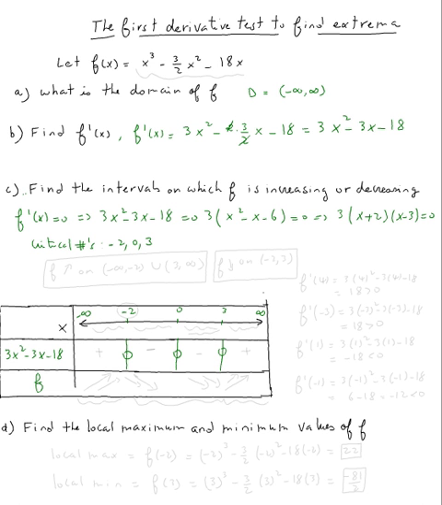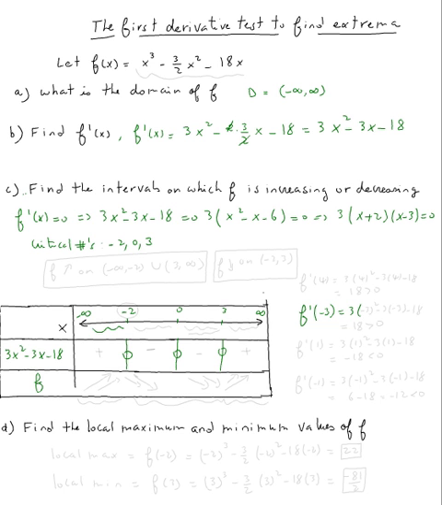So now I want to know where the derivative is positive or negative. To check this interval, just plug in negative 3, any number between negative infinity and negative 2. So negative 3, for example, plug it into the derivative. So if we do f prime of negative 3, what will we get? Plug it in.